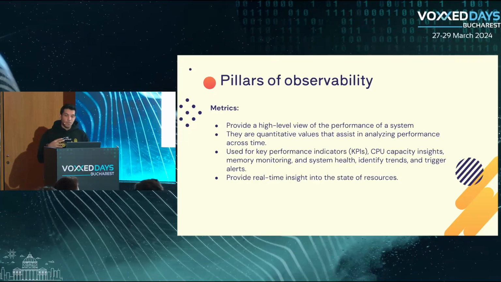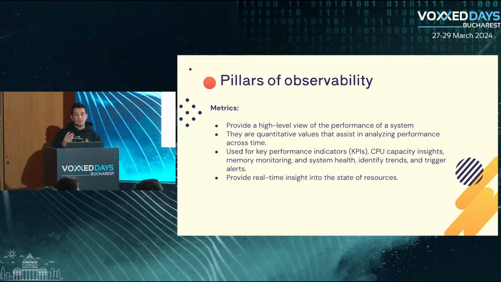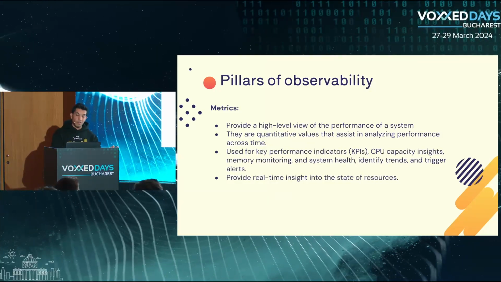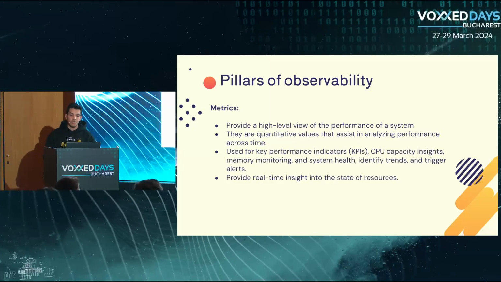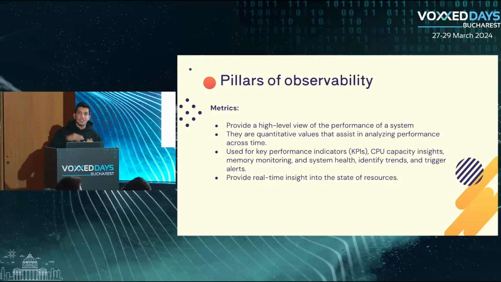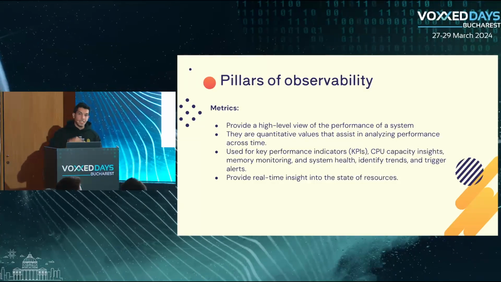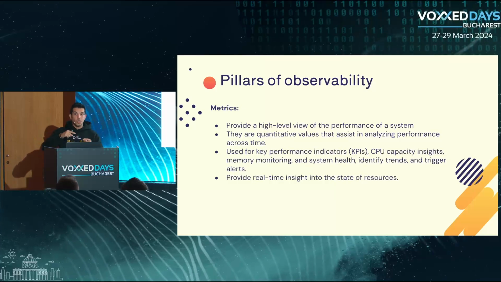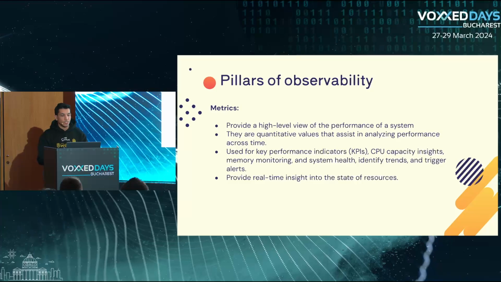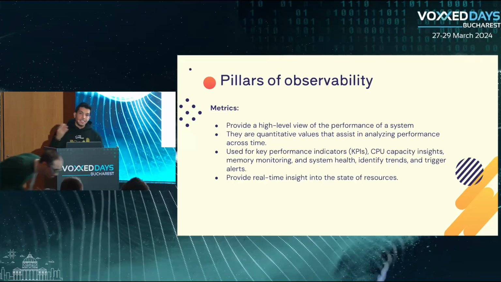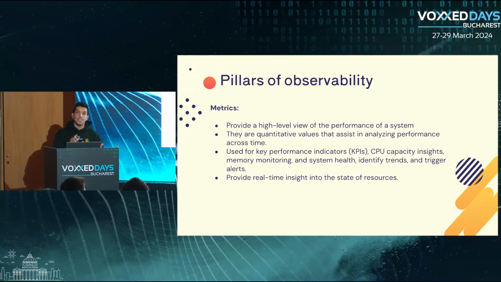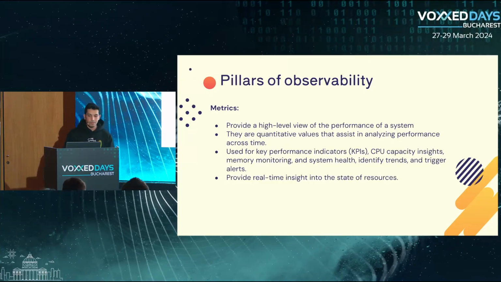They are more focused on KPIs, key performance indicators, like how much CPU my application is consuming, how much memory it is using, and what the latency is. If there is a peak in CPU, we know that at that point in time there was a peak, and we can go back and understand why. The data we collect is real time and describes the health of the system at that specific moment.